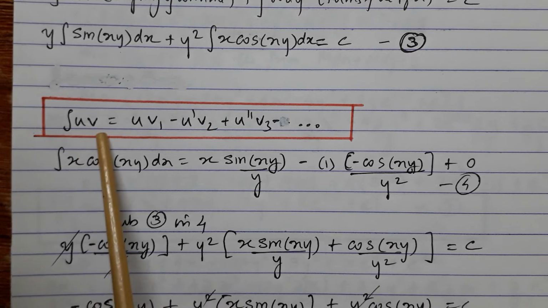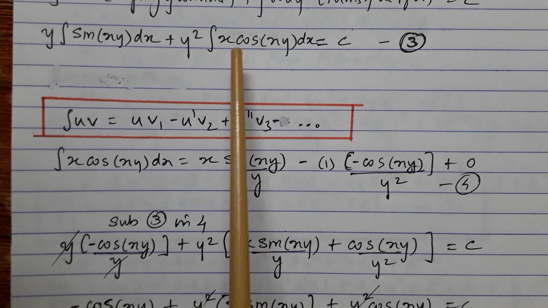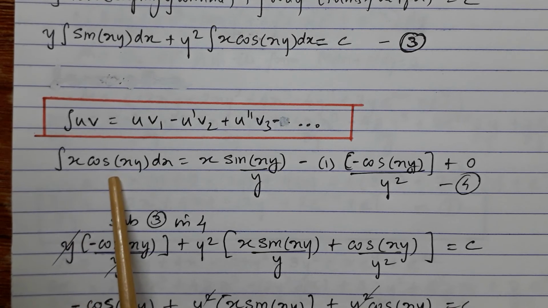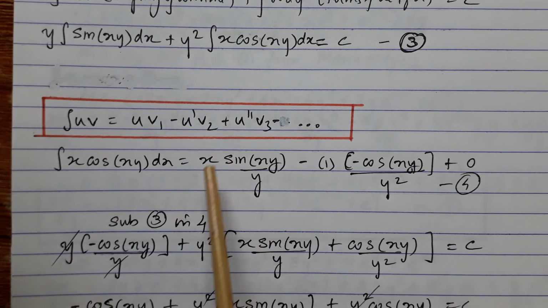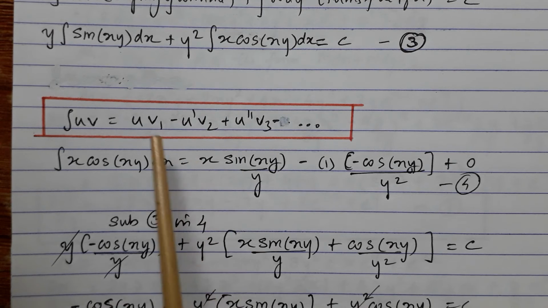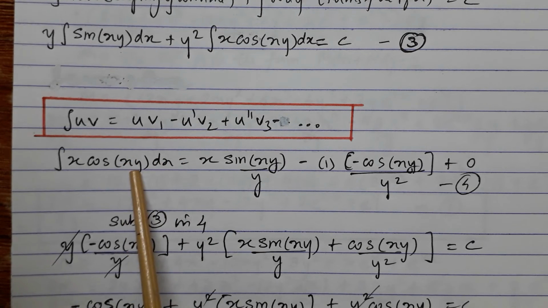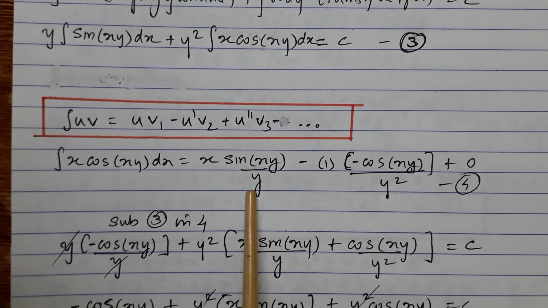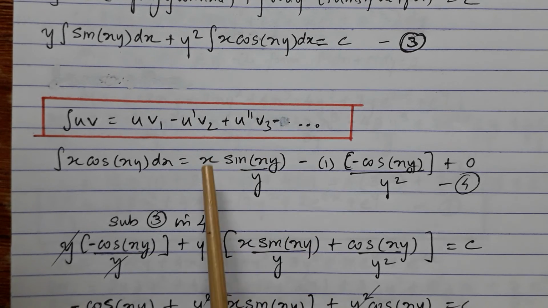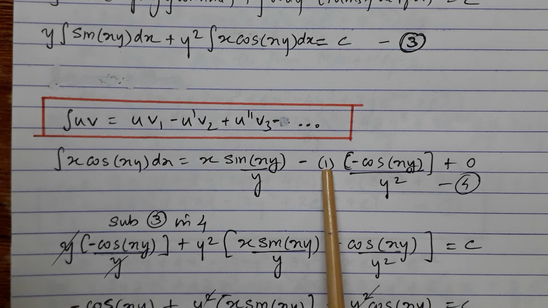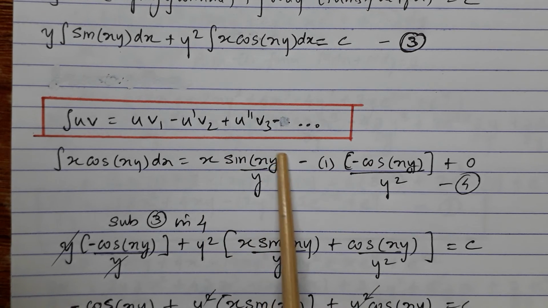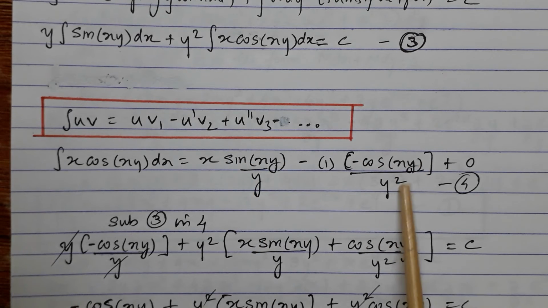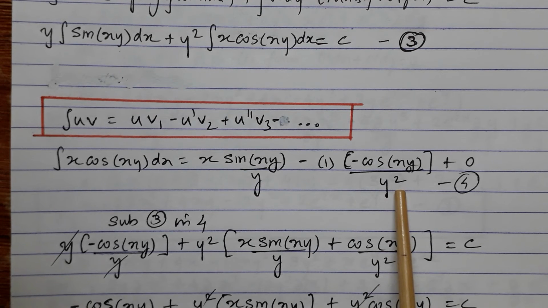So we can now use this uv rule. Let us separately integrate this. The integral of x cos xy dx is x into integral of cos xy, that would be sin xy upon y, since y is a constant, minus taking the derivative of x, that would be 1, and now taking the integral of sin xy, that would be minus cos xy upon y square.